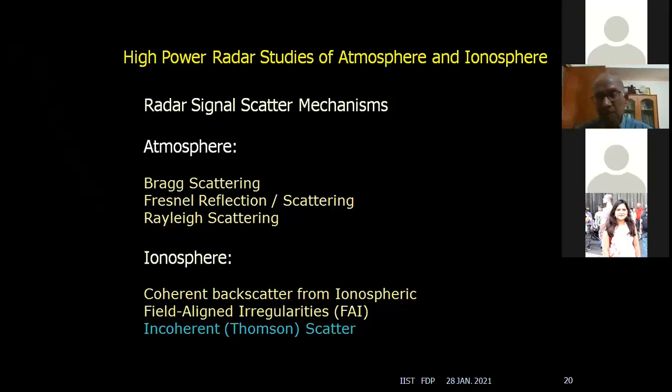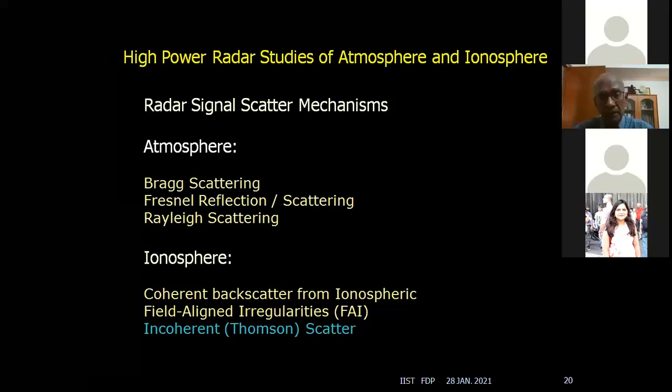Another is a stratified kind of layers. If there is a very rapid change in temperature or humidity layers, then the refractive index changes abruptly, and you can get a partial reflection. That's what is called Fresnel reflection.